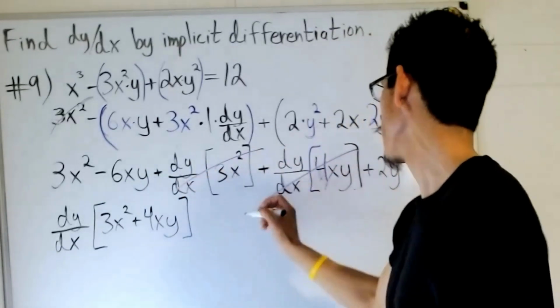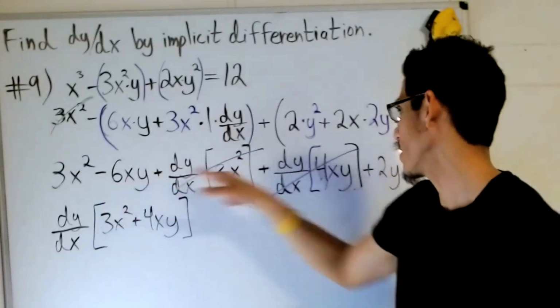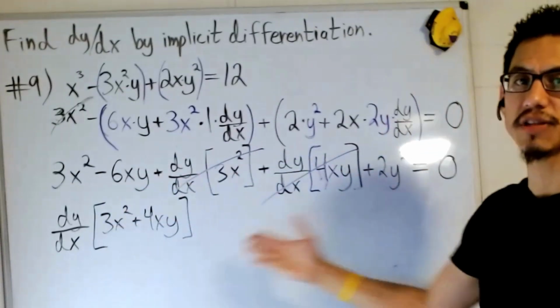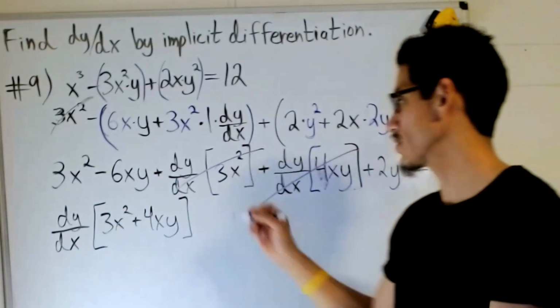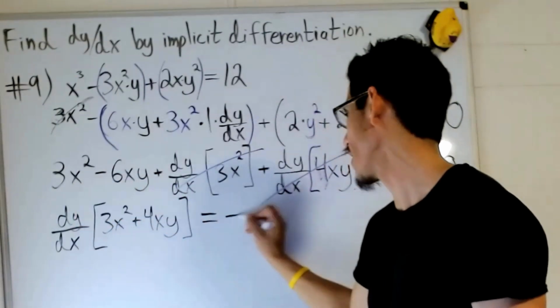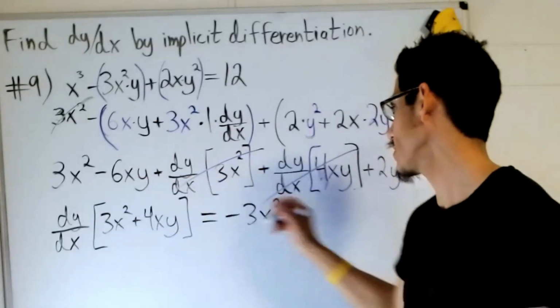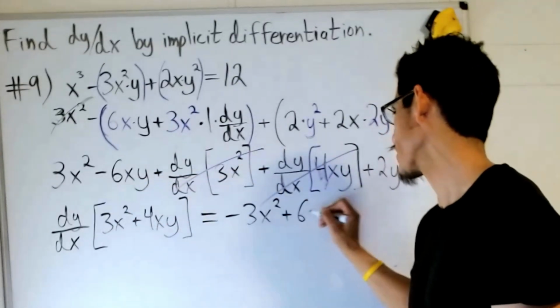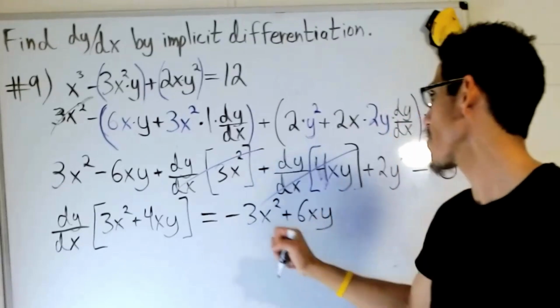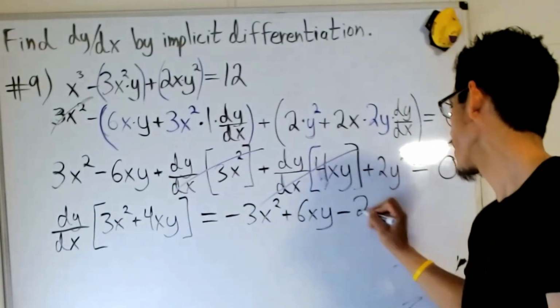So that, we don't have to worry about. And the rest of this stuff, let's just send it to the other side. So we're going to make this equal to, taking this away from the left, a negative 3x squared, adding this to the right, plus a 6xy, and then subtracting 2y squared.